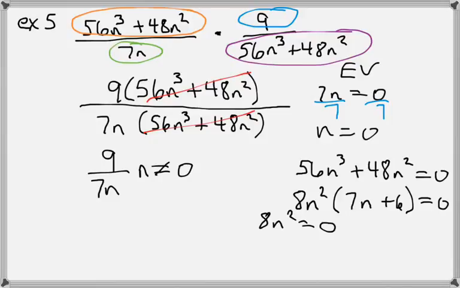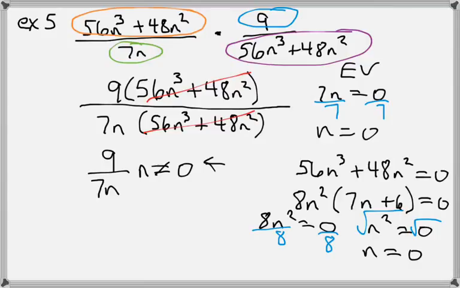So this first one, 8n squared equals 0. Divide both sides by 8. You get n squared is equal to 0. And then you're going to take the square root of both sides, and you're going to arrive at an excluded value of n equals 0. Well, we already wrote that down here, so I don't have to write it down a second time.